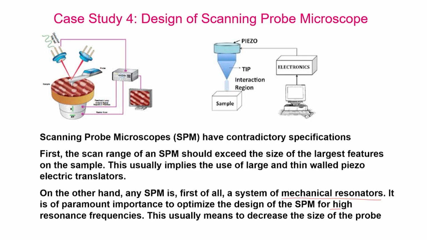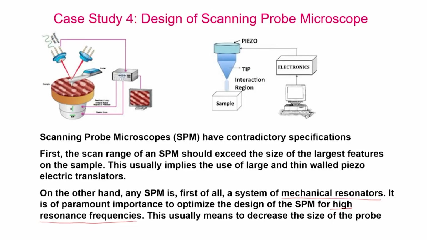So, SPMs, the scanning probe microscopes, are generally designed with high resonating frequency. Why is it so? Well, it is because if the resonance of the tip interferes with the force that it is getting from the atom, then you will get an inaccurate measurement of the atomic force. So, that is why they try to keep it away.